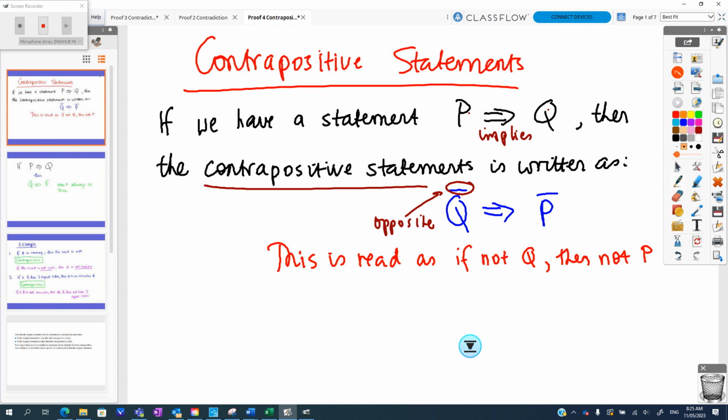So not Q leads to not P is called the contrapositive. A dash above means the word not or opposite, and a contrapositive means you just change the order of the letters. Okay, so copy that and come across.